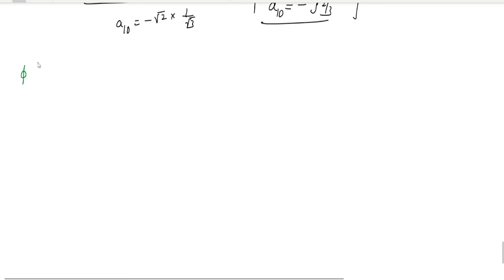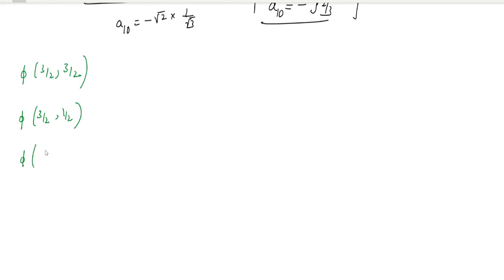Psi 3 divided by 2 comma 3 divided by 2, psi 3 divided by 2, 1 divided by 2, psi 3 divided by 2 minus 1 divided by 2, psi 3 divided by 2 minus 3 divided by 2, psi 1 divided by 2 comma 1 divided by 2, psi 1 divided by 2 comma minus 1 divided by 2.